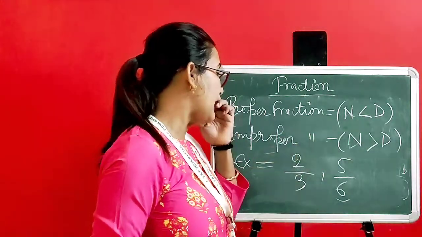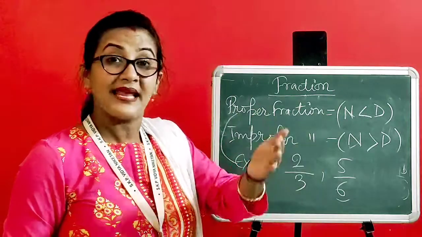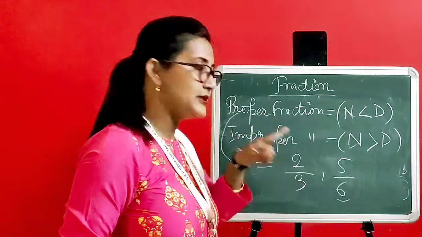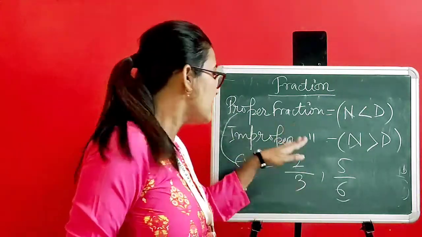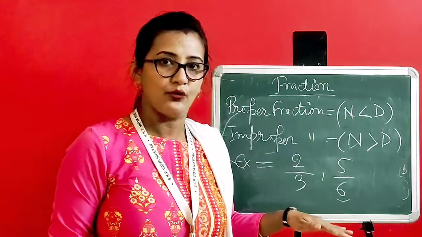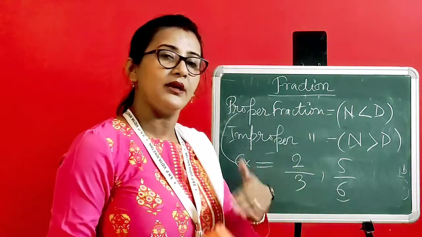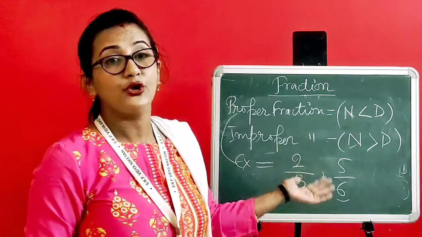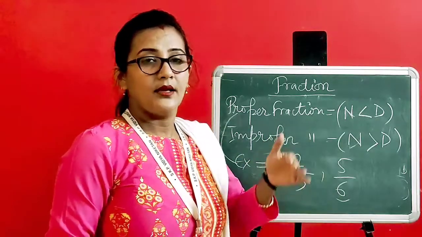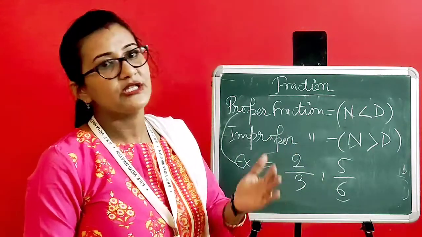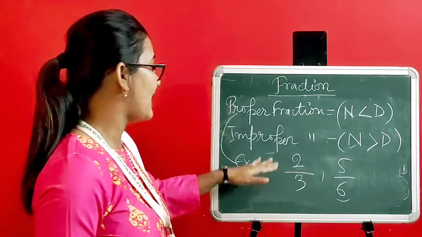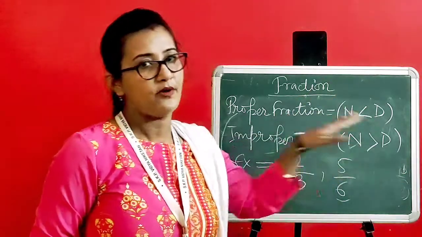It means the result will be less than 1, because it is not possible to divide a smaller value by a greater value and get 1 or more. If we divide it in decimal, the result is less than 1. So that is why this is known as a proper fraction.